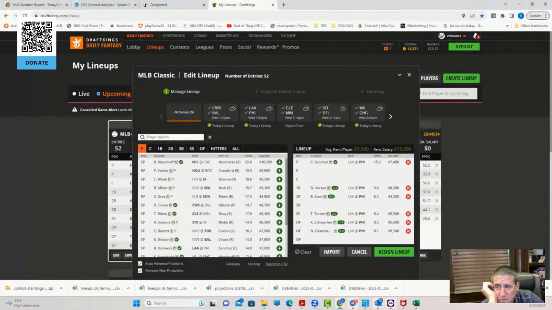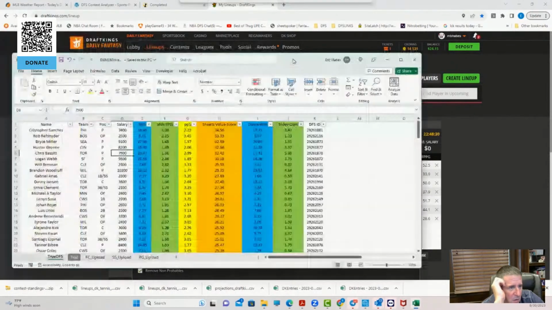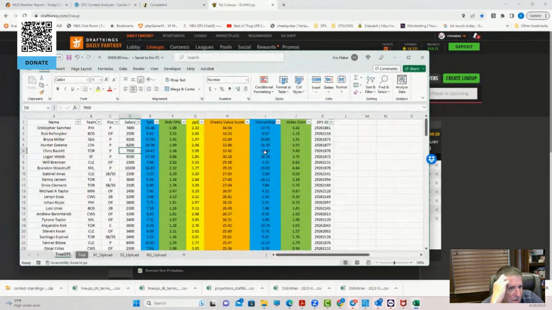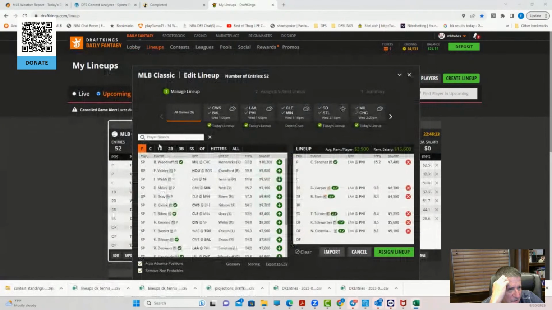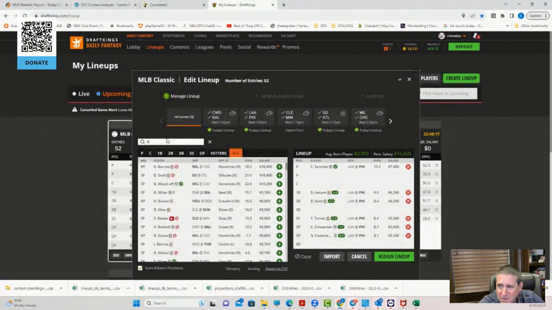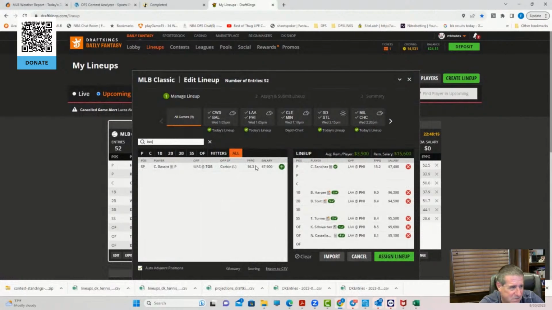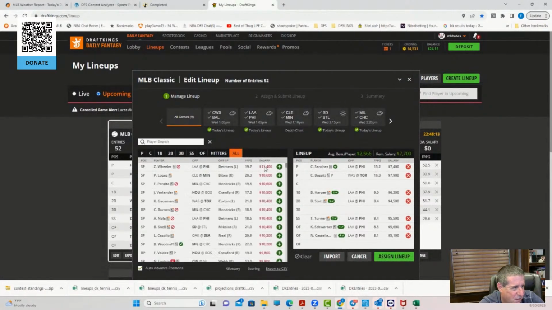And then what we could do is play Bassett after all, right? These are the two we identified anyway, so let's go play Bassett. Surprised that Hunter Green is not, actually he is, but he's a little lower, just a little higher owned. So if you did this, you can get there, but it's definitely a struggle.